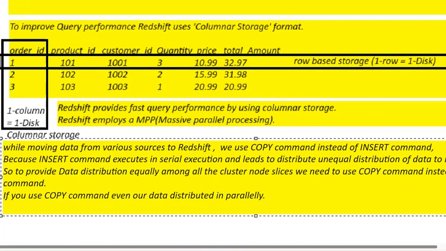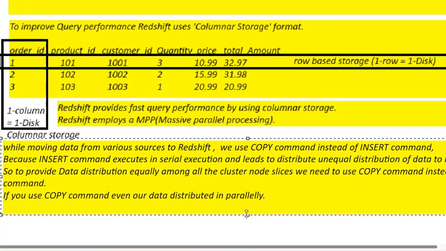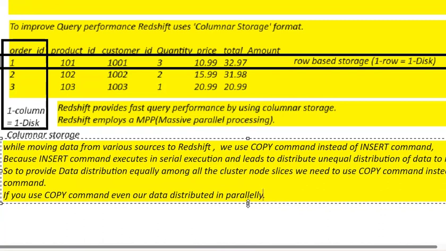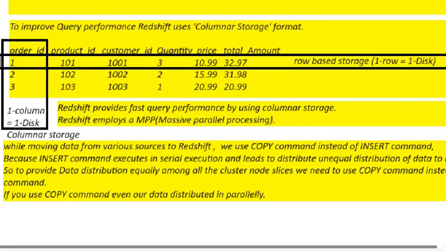Now let's see an example of the syntax, how to use this copy command to copy data from an S3 bucket to Redshift. If you see the syntax, it contains mainly three parts.